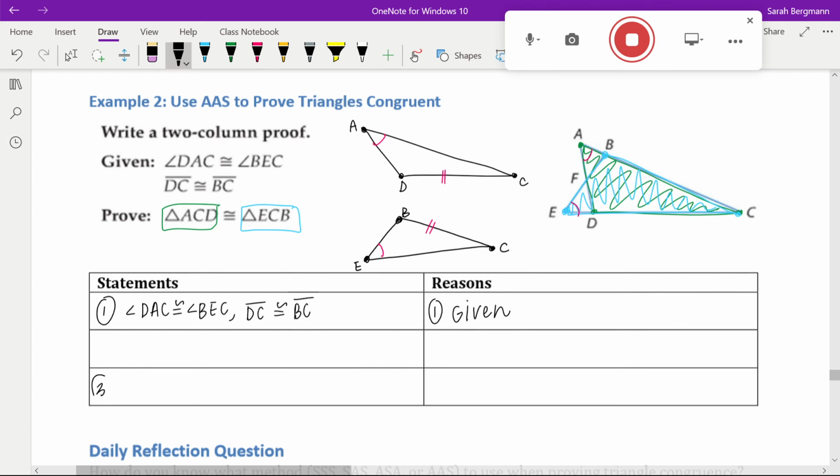Now I know the final statement should say triangle ACD is congruent to triangle ECB. Now notice that since these two are overlapping, they do share one vertex, C. Both triangles include angle C in their triangle. Angle C must be congruent to itself.